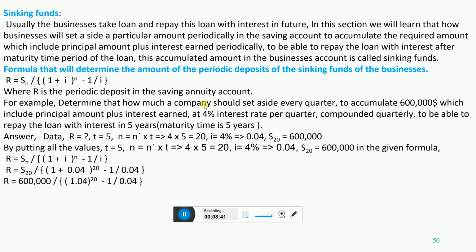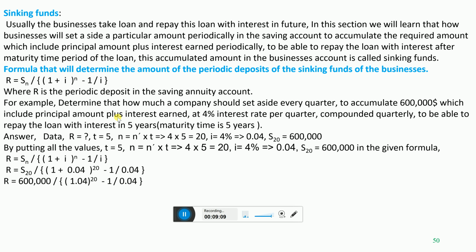Simply, how much should the company deposit quarterly into the annuity account to accumulate $6 lakh, which includes the principal amount plus interest earned at 4% interest rate per quarter, compounded quarterly, to be able to repay the loan with interest in 5 years. 5 years is the maturity time period.